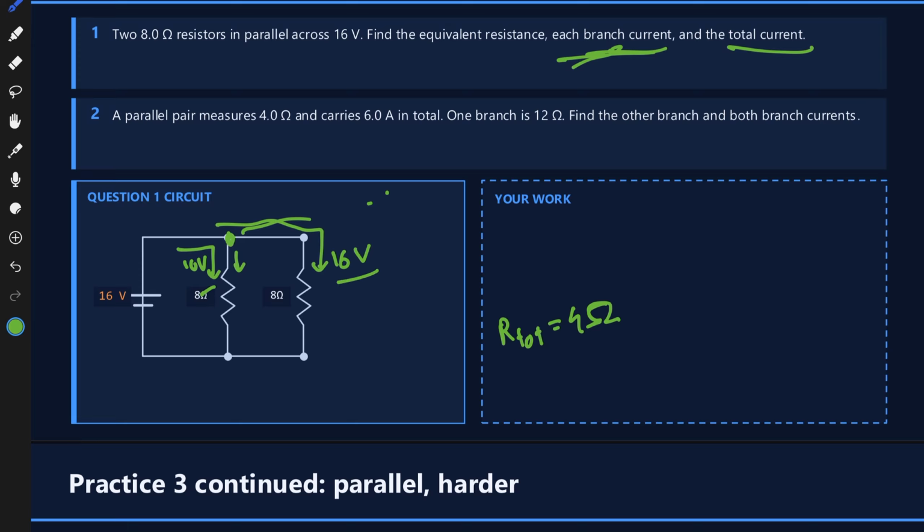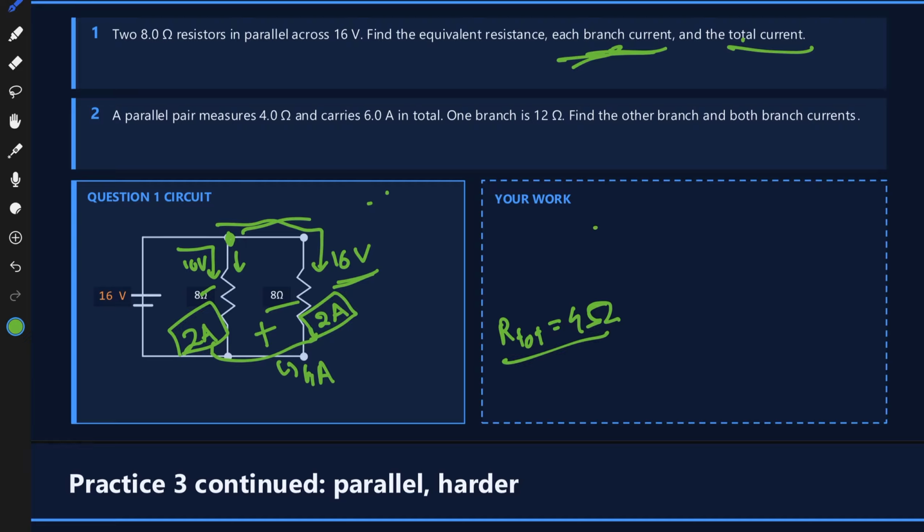Okay, so 16 here, and 16 divided by 8 is 2 amps here. 16 divided by 8, 2 amps here. So each branch has 2 amps. Total current is just going to be both of these added, right? 4 amps. Or you could just use the resistance total.